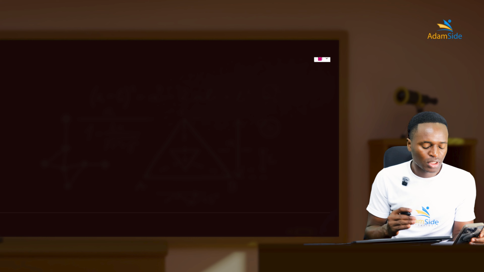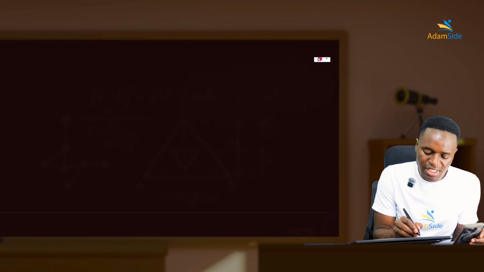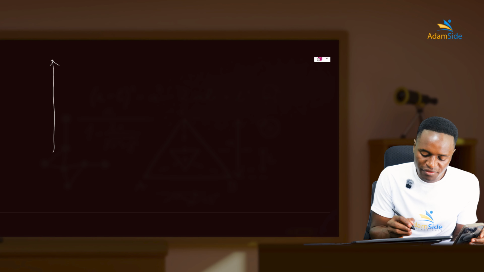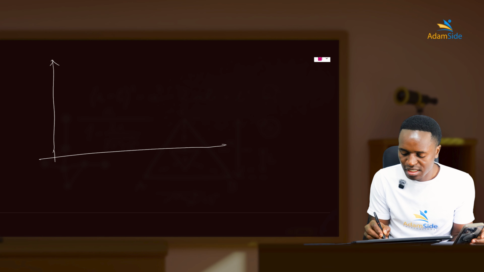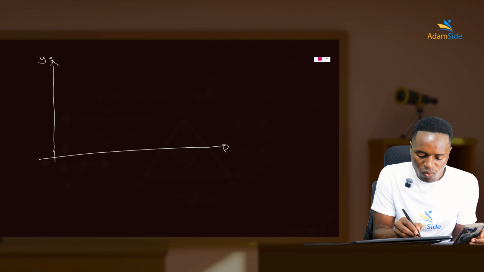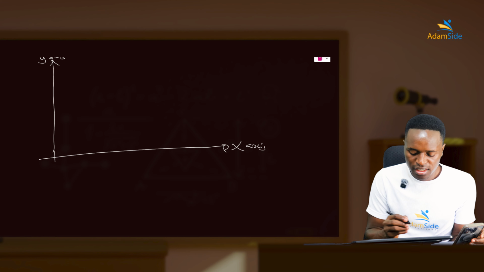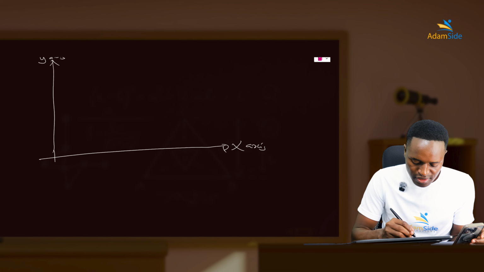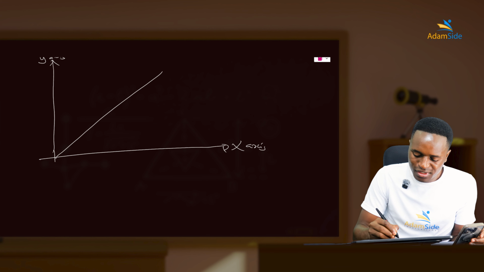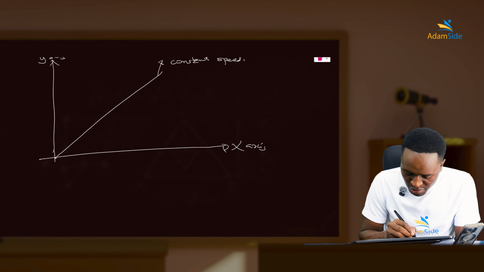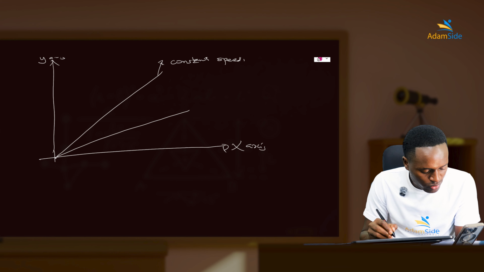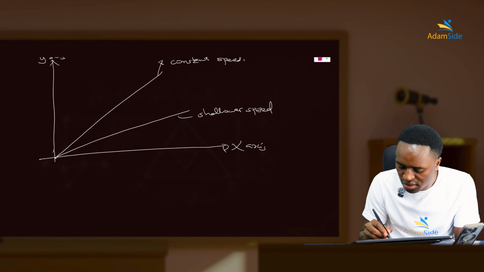When you have a distance time graph with a y-axis and x-axis, a straight line represents constant speed. Then a line below it will represent a shallower, smaller speed.